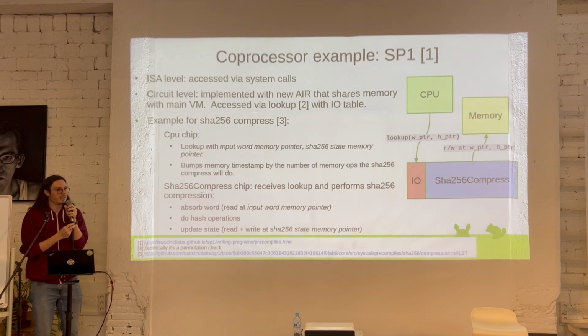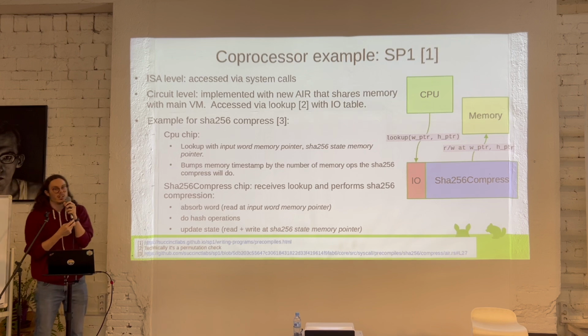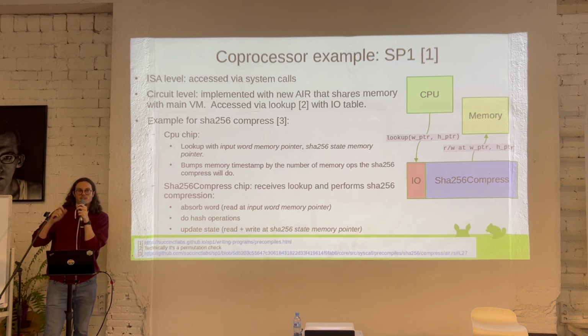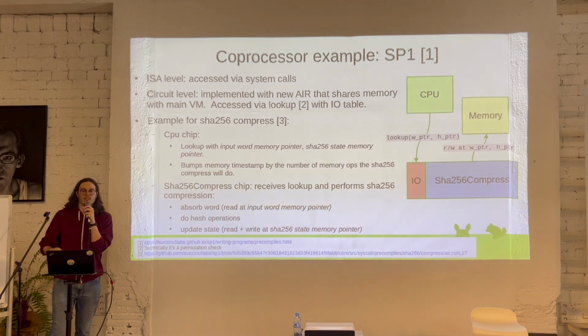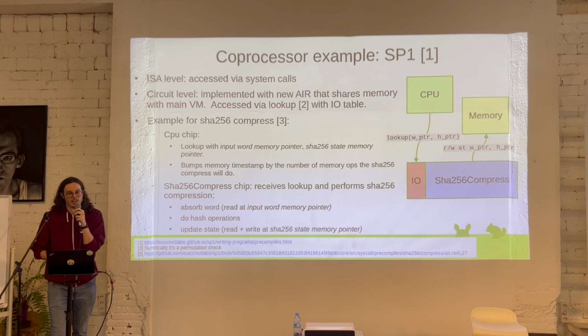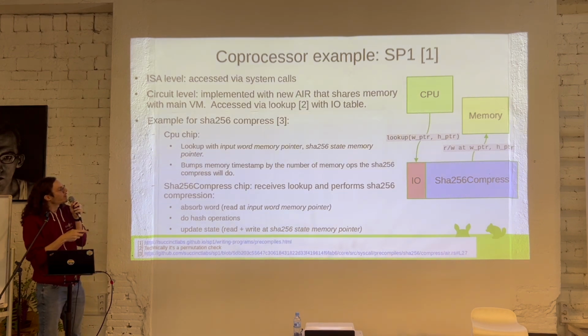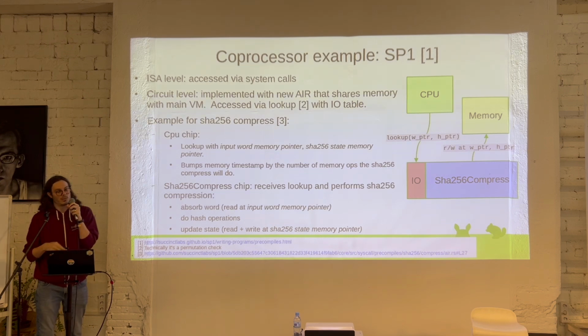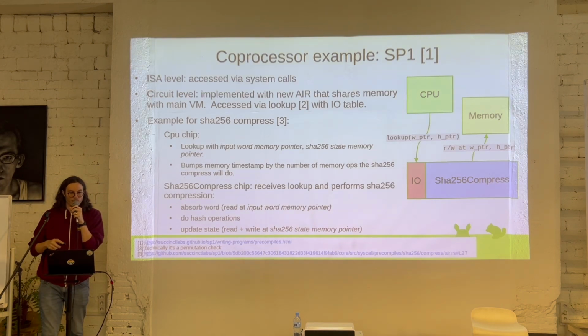And here, as an example, this is how SP1 handles the coprocessors. On the instruction set level, the coprocessors are accessed via system calls. That's how the program will access these features. Then on the circuit level, for each coprocessor or precompile, there will be a new AIR circuit that shares the memory with the CPU.